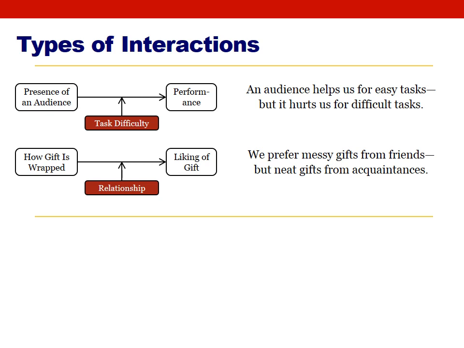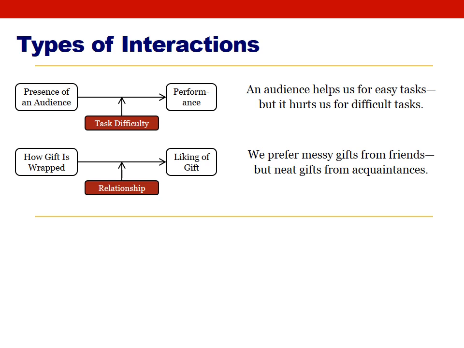The other two types of interactions that we've talked about were different in nature. We found relationships for both groups, but those relationships were in opposite directions. So for the audience, for the easy task, an audience helped performance. For a difficult task, an audience hurt performance.